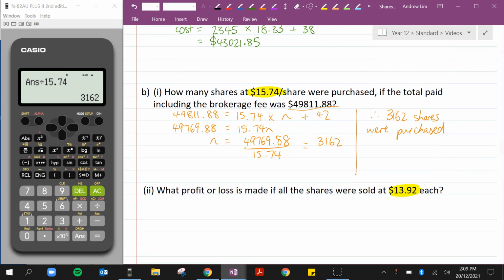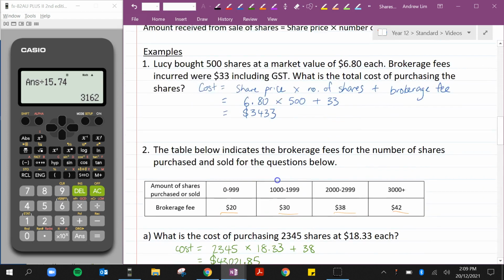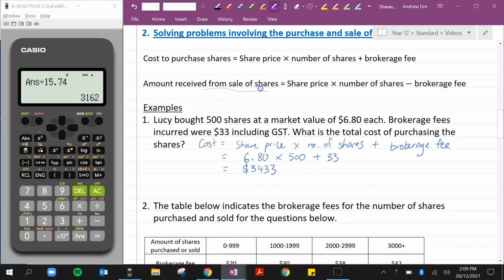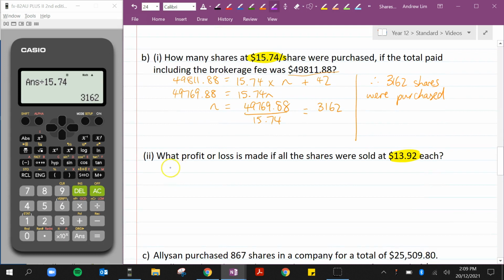So I'm just going to write down the amount received. We go back to our formulas. Amount received from sale of shares is share price times the number of shares minus the brokerage fee. So amount received is the share price of $13.92 times the number of shares.